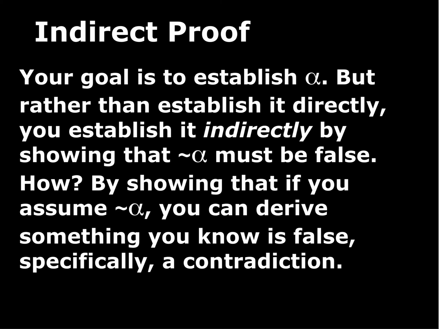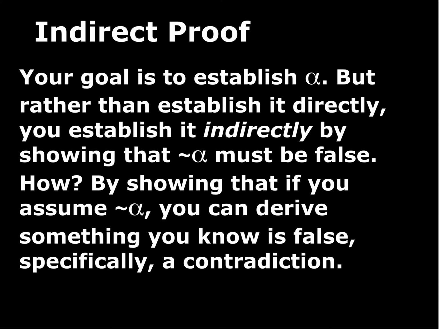So with indirect proof, your goal is to establish or derive some statement alpha, and this could be anything. It might be the conclusion of the argument, or a statement that would help you get to the conclusion.